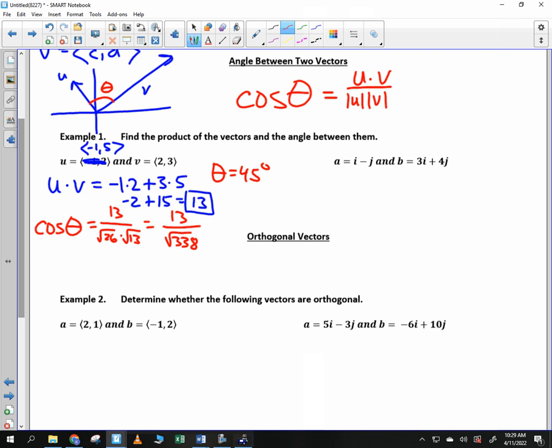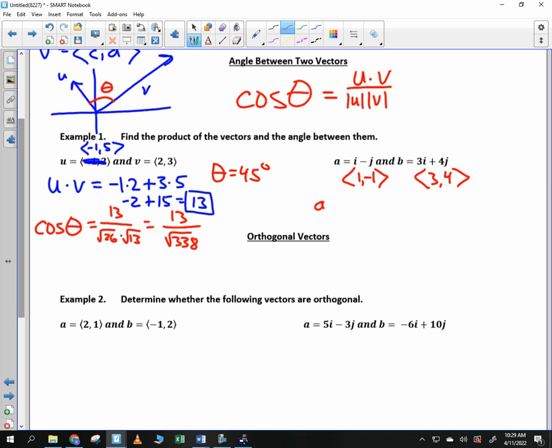Okay, let's try this one together. Notice that this is written in terms of i and j. So this would just be 1, -1, and then this would be 3, 4. So I want to find the dot product, and I would like to find the angle between them.